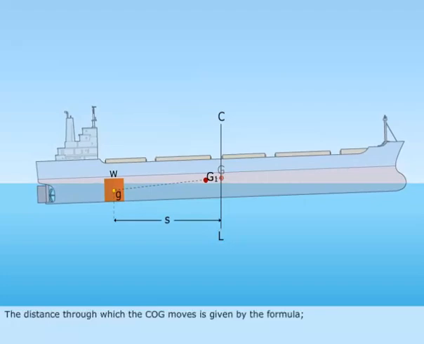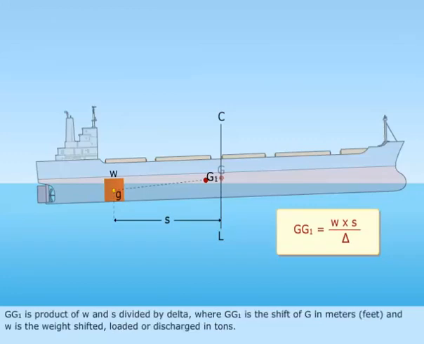The distance through which the COG moves is given by the formula GG1 is the product of W and S divided by delta, where GG1 is the shift of G in meters or feet, and W is the weight shifted, loaded, or discharged in tons.